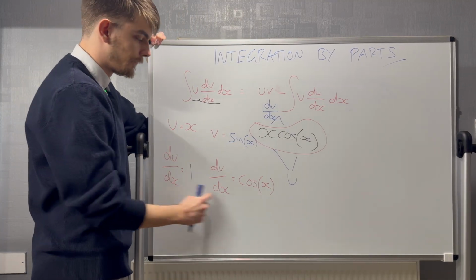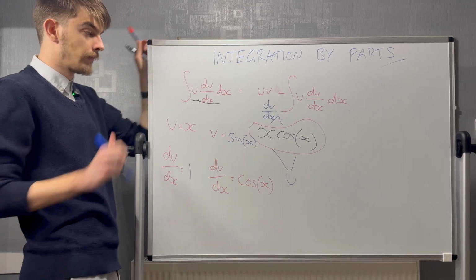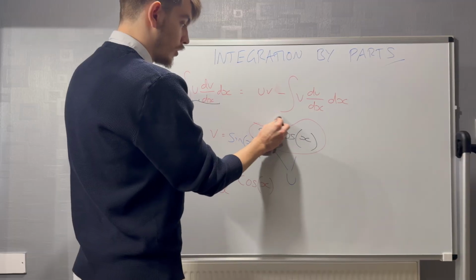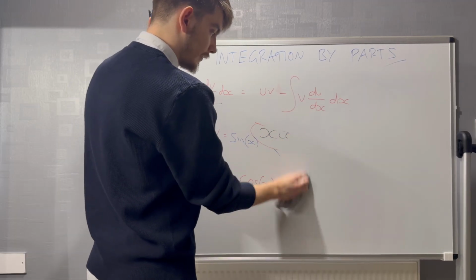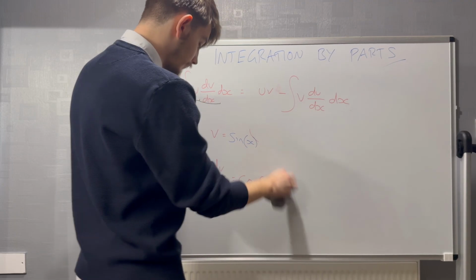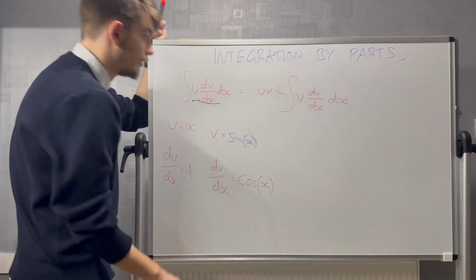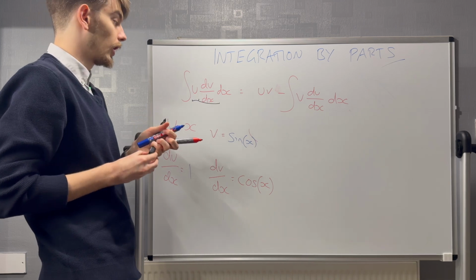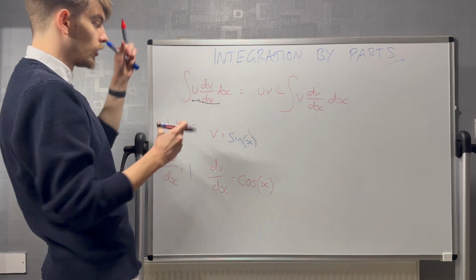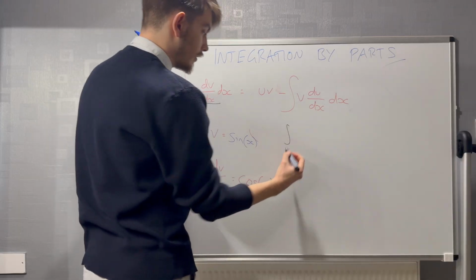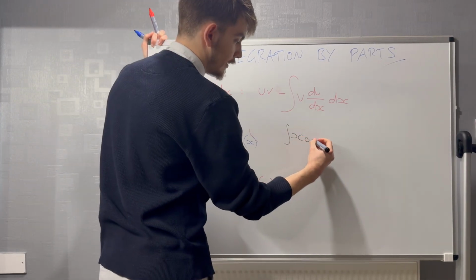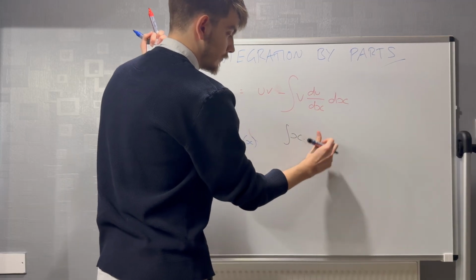And I've got all four of these laid out. And because I've got all four of these laid out, I'm just going to erase this so I have enough room to work with. I can fill out this entire equation. So, starting on the left, I've got the integral of u times dv by dx. Well, that's just the integral of x cos x dx.